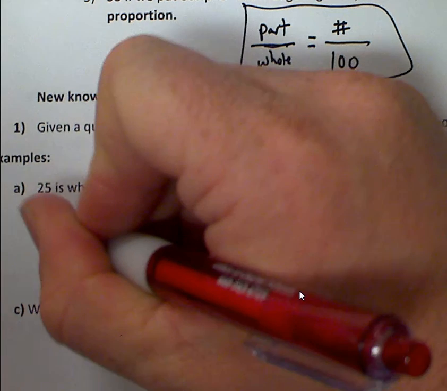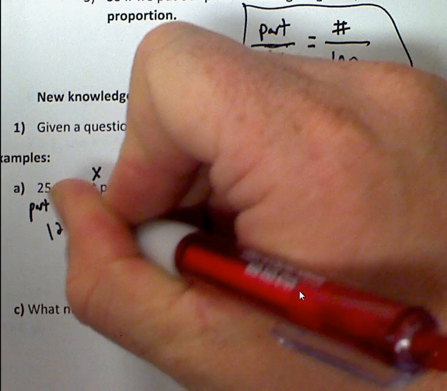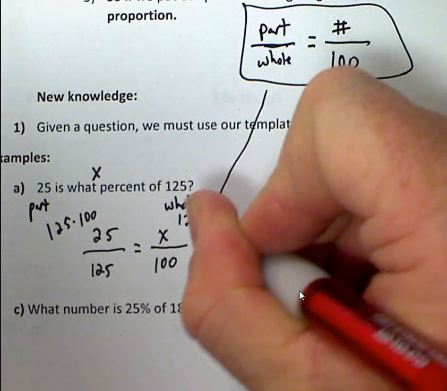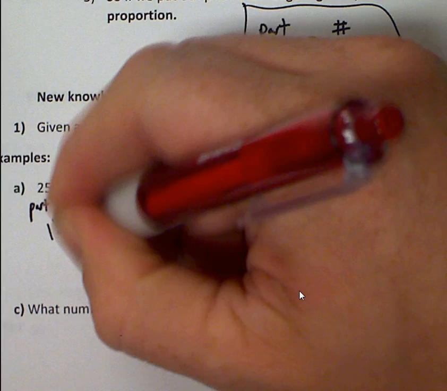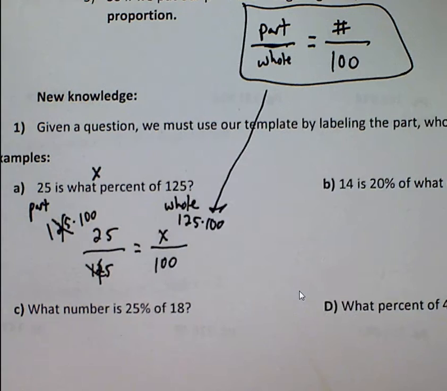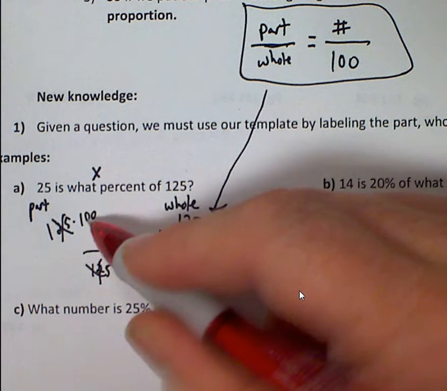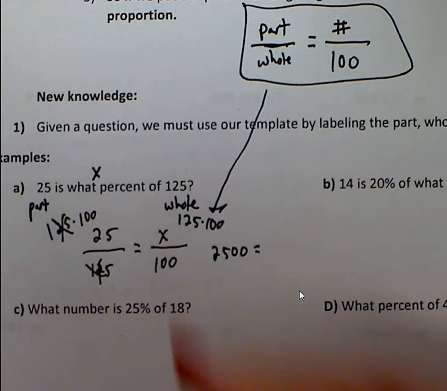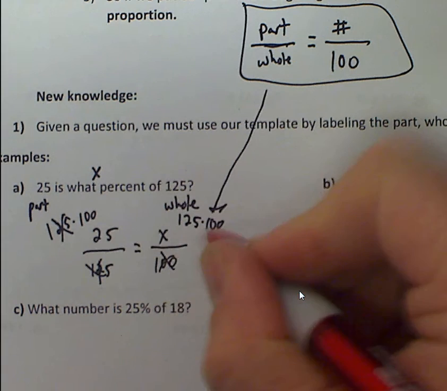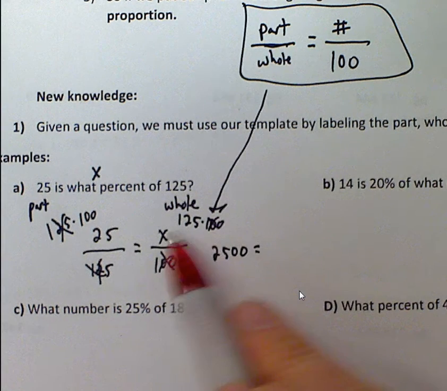I'm going to multiply both sides by 125, 100, which is the same as cross multiply. My 125 goes away, so I'm left with 25 times 100, which is 2500. My 100 goes away, so I'm left with 125x.